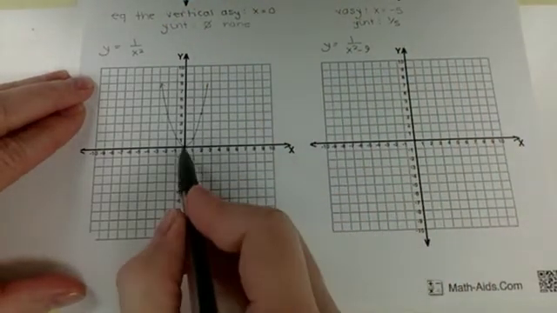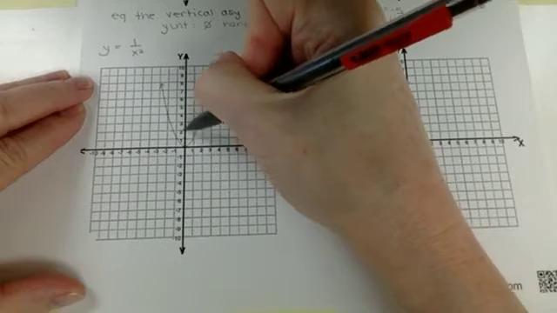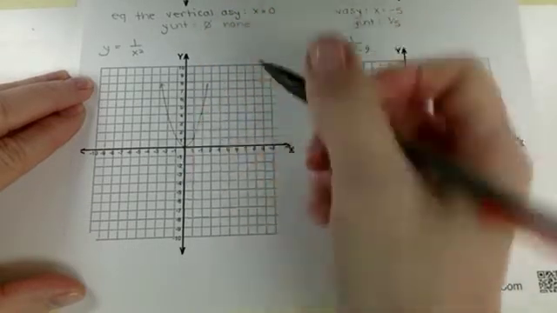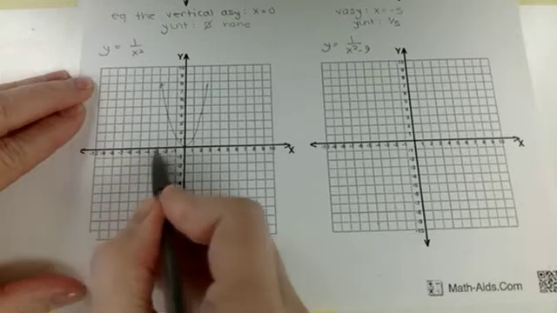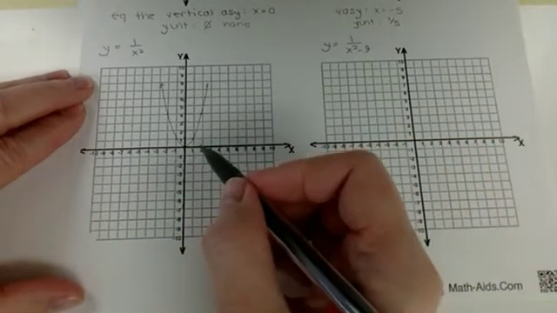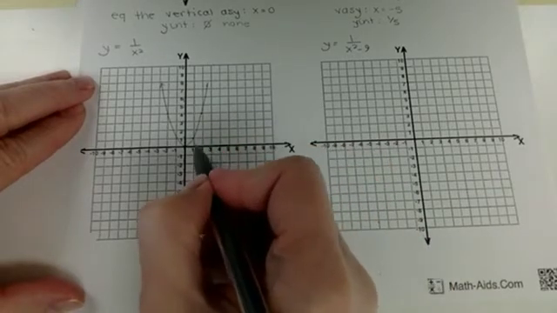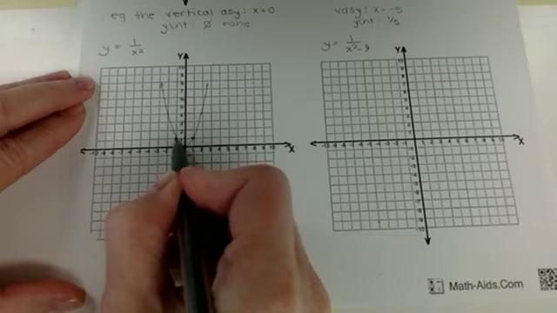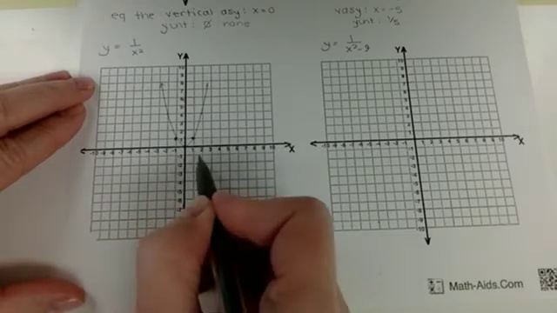And now my rules. Zeros become asymptotes. Mark with a dotted line, vertical and horizontal. Then mark my invariant points, which are the 1s. So height of 1, I don't have any.